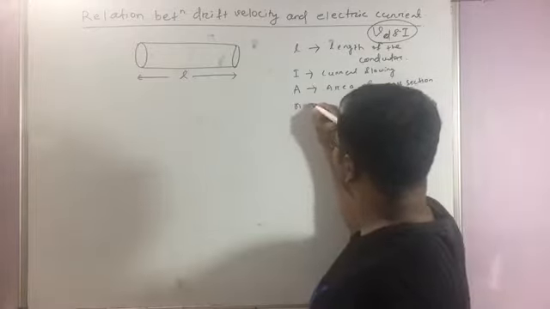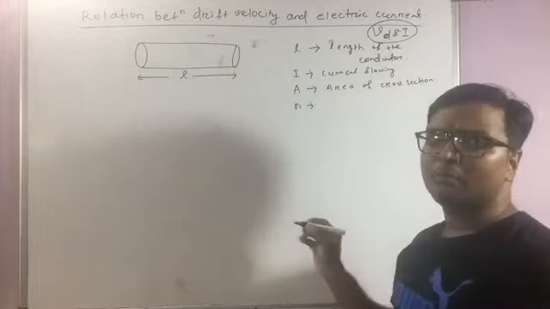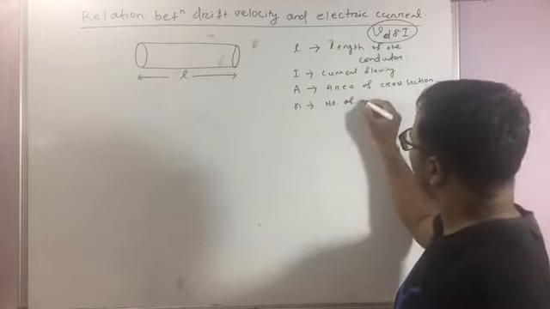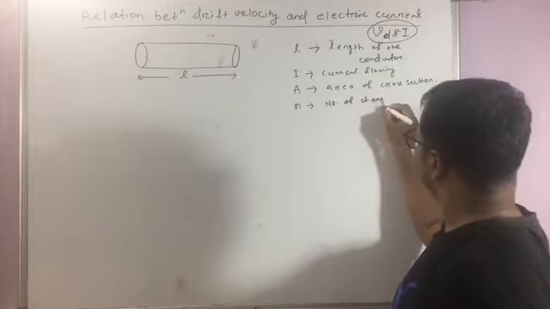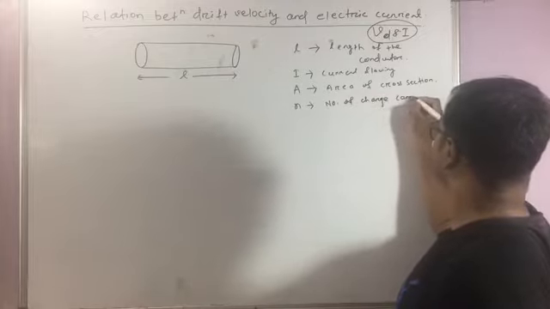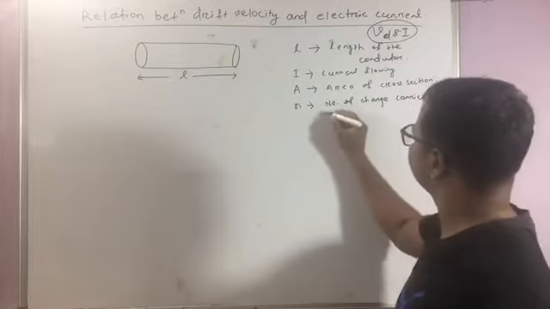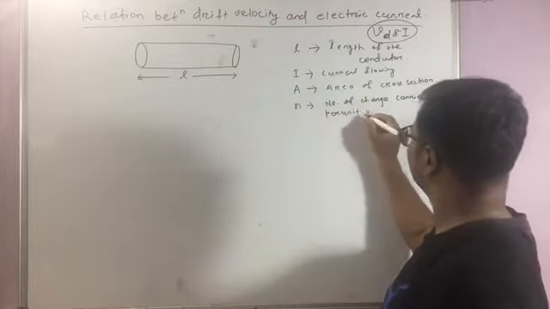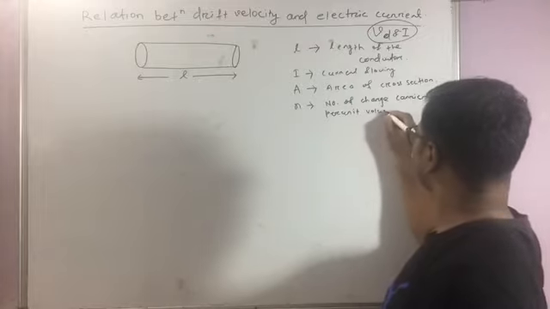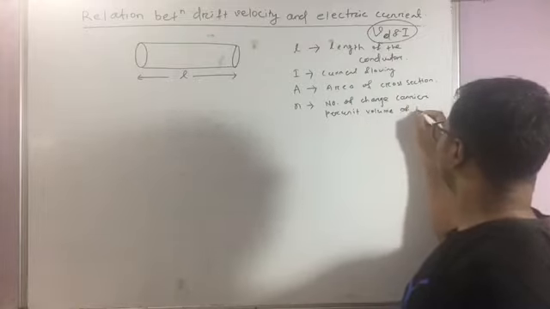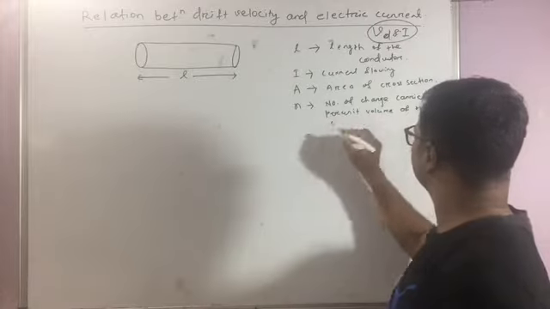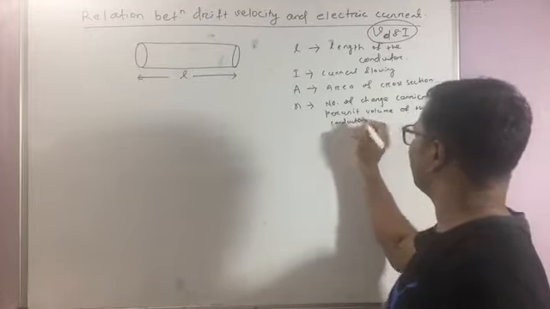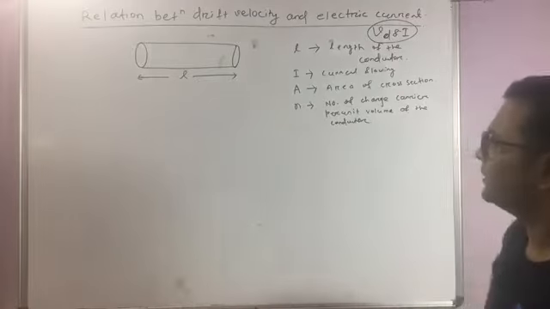Let's say n, this is called number density, means number of charge carriers per unit volume of the conductor. This is also called the number density of a conductor.